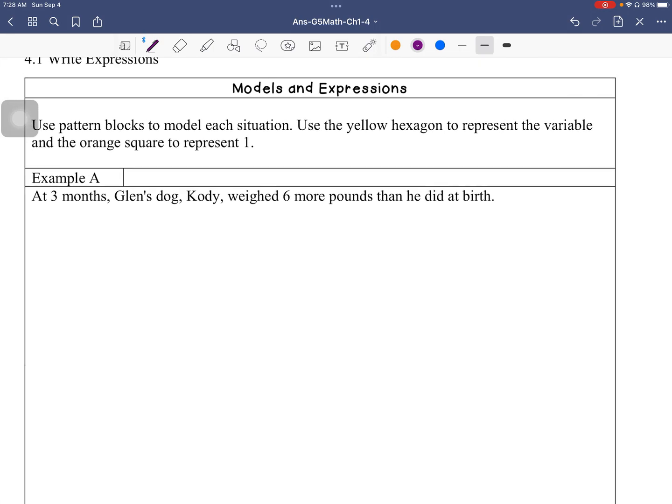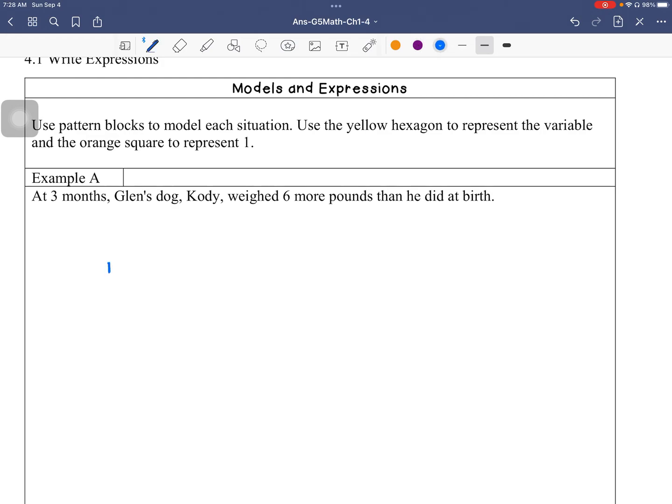Okay, so what are models and expressions? If we use pattern blocks to model the situation, later I will show you how we use pattern blocks to explain the situation in class. But now, if we want to represent this situation, at 3 months, Glenn's dog Cody weighed 6 more pounds than he did at birth.